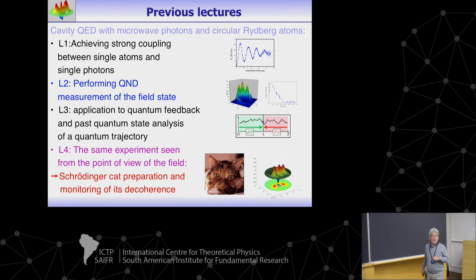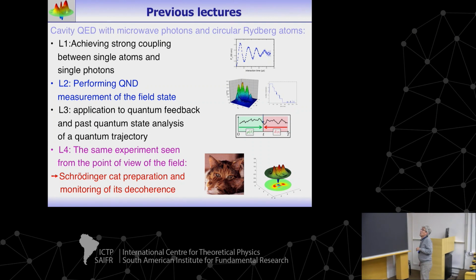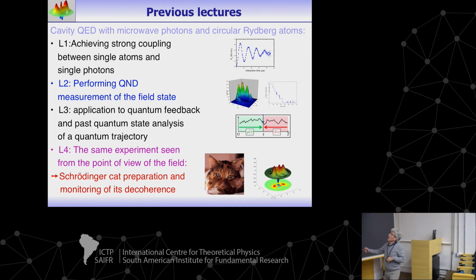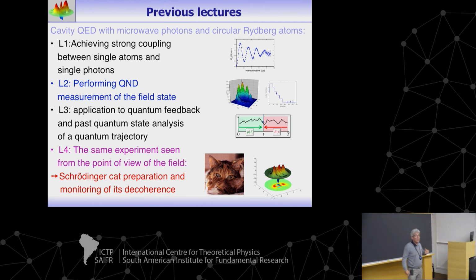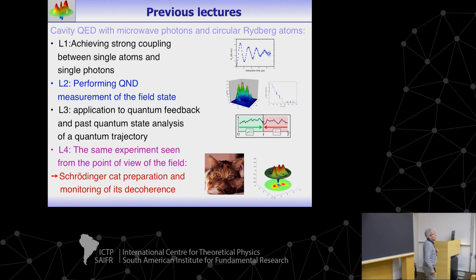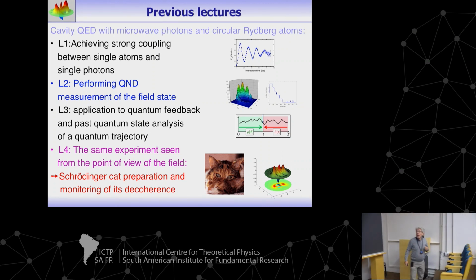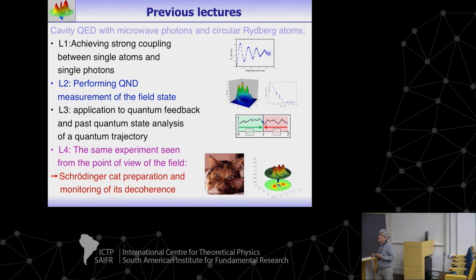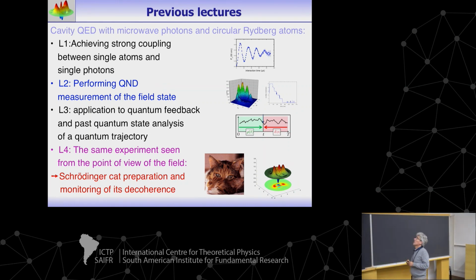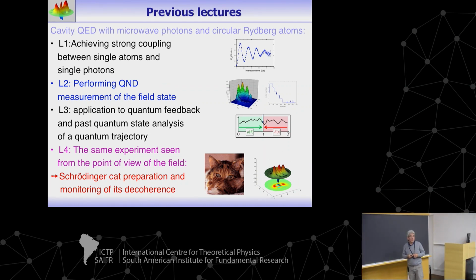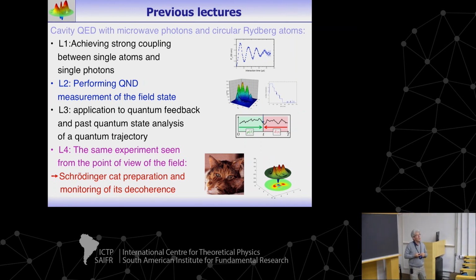This formalism provides the best possible estimate of the quantum state at a given time, knowing not only the past, all the measurements before time t, but also knowing the future. And it may be strange to you to estimate the state at a given time knowing the future, because in principle, by definition, you don't know the future in advance.